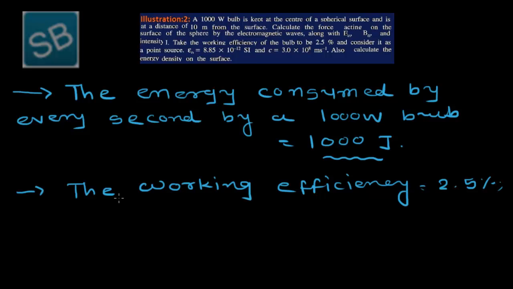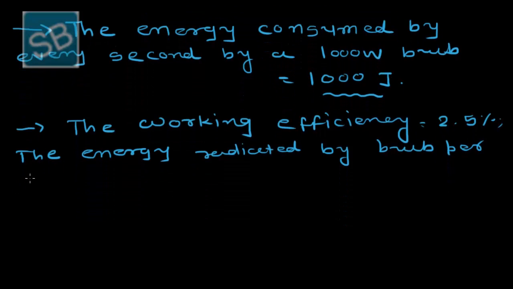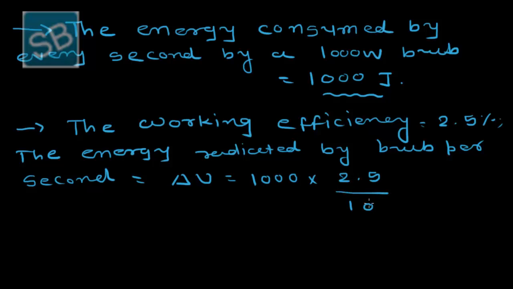And so the energy radiated by the bulb per second is delta U, that is equal to 1000 into 2.5 divided by 100, because I have converted percentage into a simple fraction.